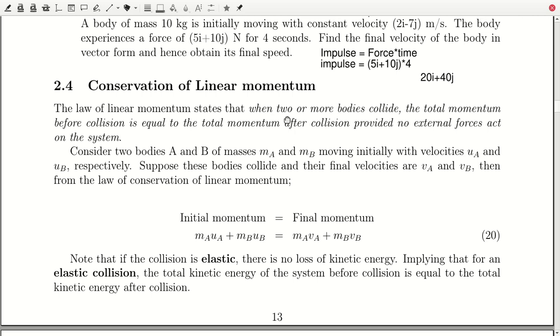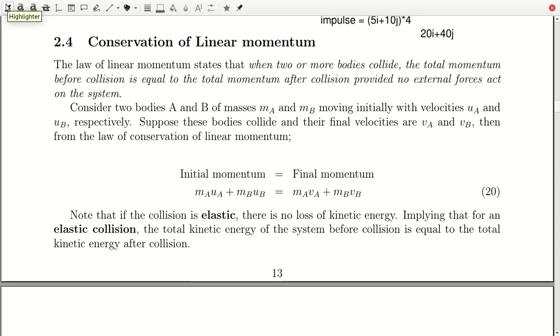This is with respect to Newton's third law of motion, where we say action and reaction are equal and opposite. So if two bodies collide or impact, each one of them will act on another with the same force but opposite in direction.